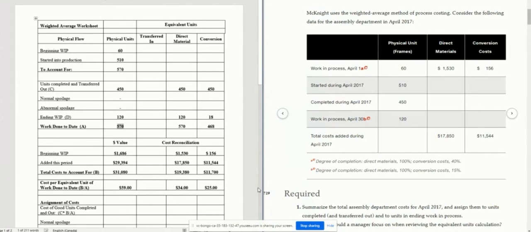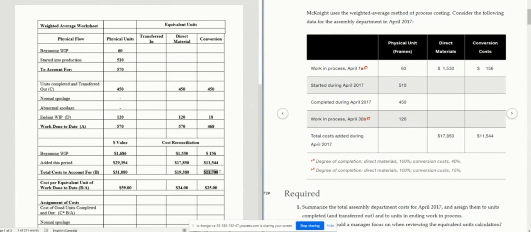And why is it wrong? It would be wrong because this total dollars that we've spent does not represent 570 fully completed units. It represents the cost of materials divided by 570 fully completed units.